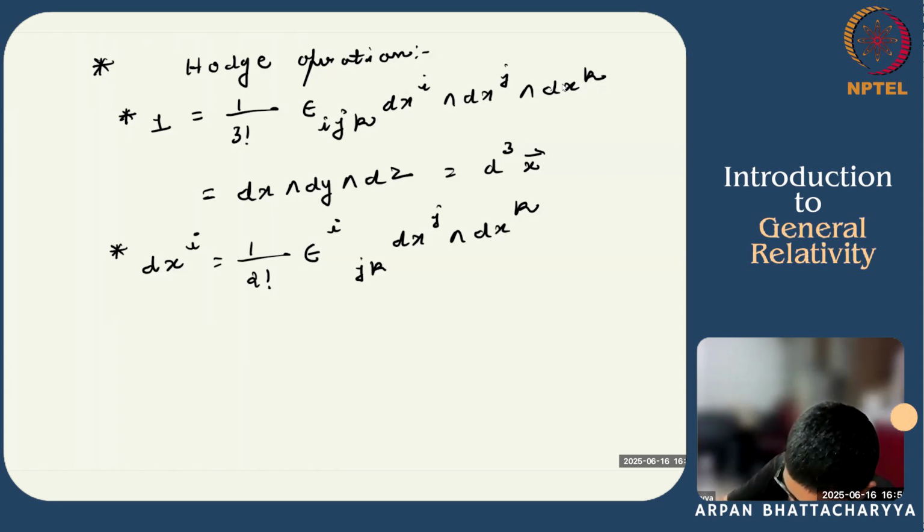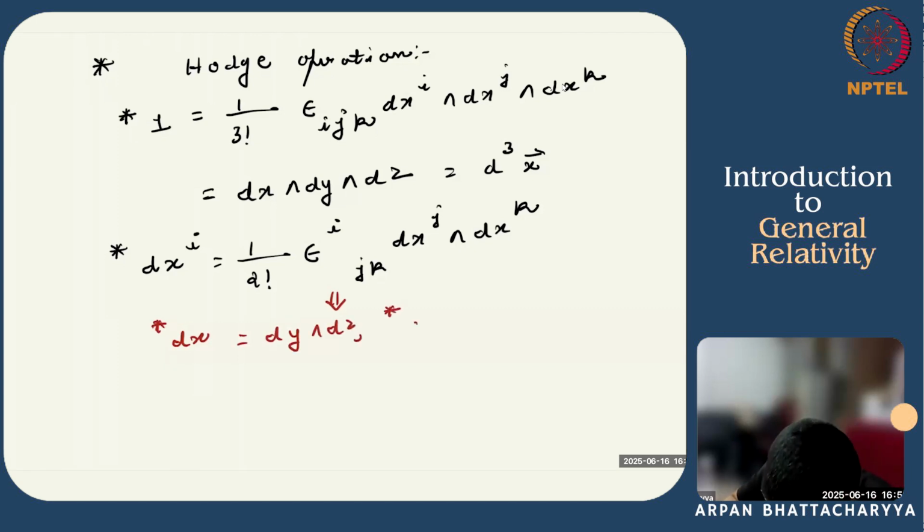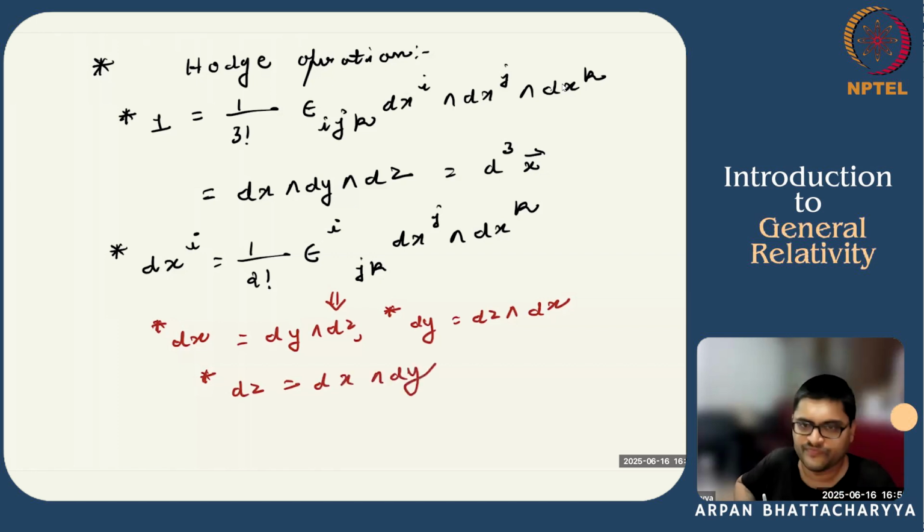So what does this give? Let's write it down component by component. Star of dx is dy wedge dz, star of dy is dz wedge dx, and star of dz is equal to dx wedge dy. Just plug in the various components and keep in mind that epsilon ijk is totally antisymmetric. You will have this.